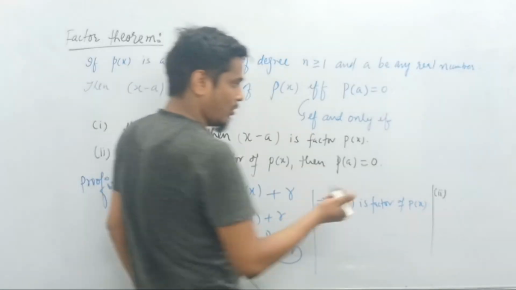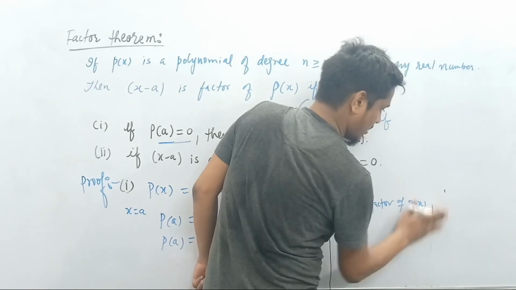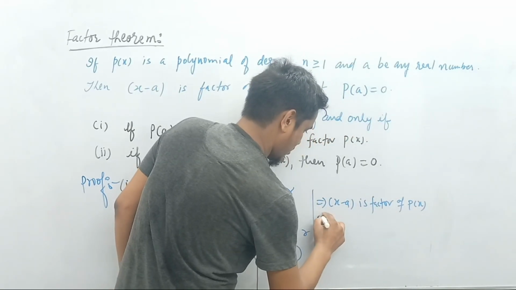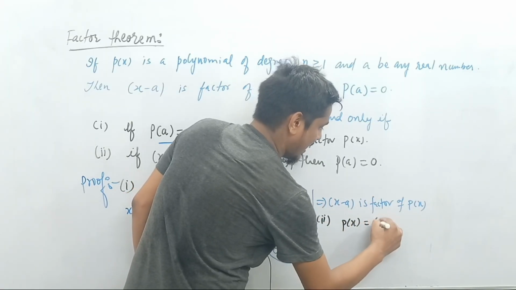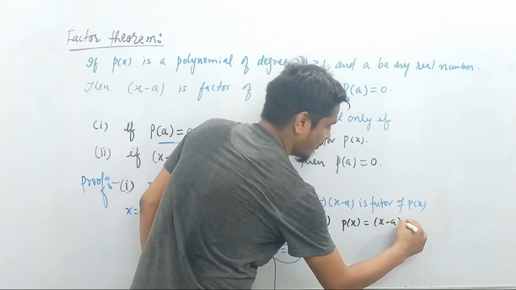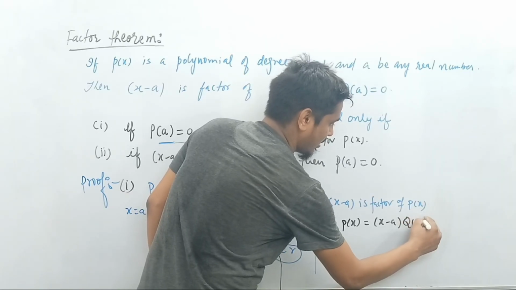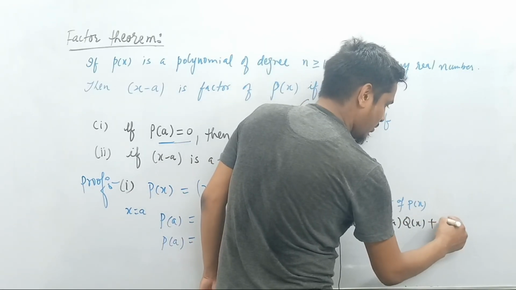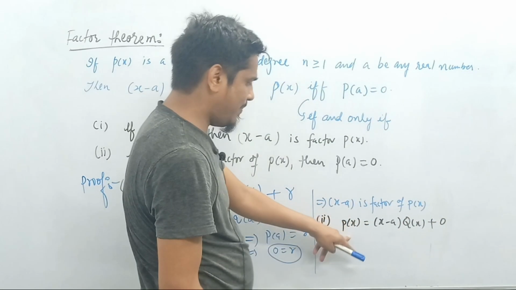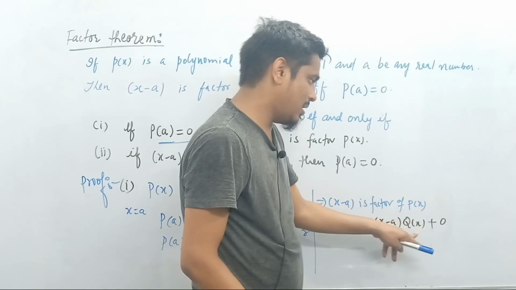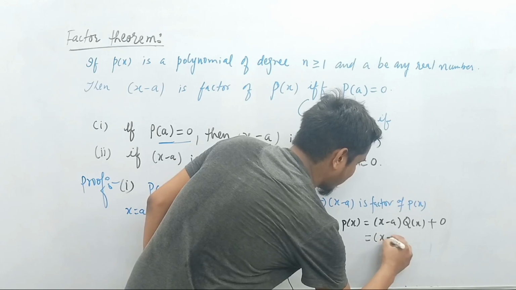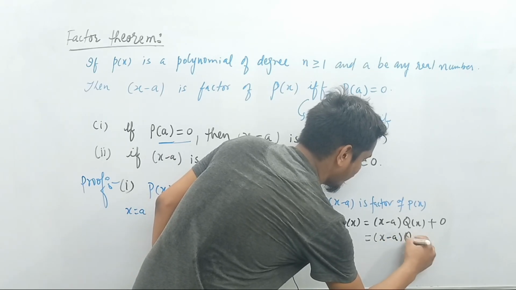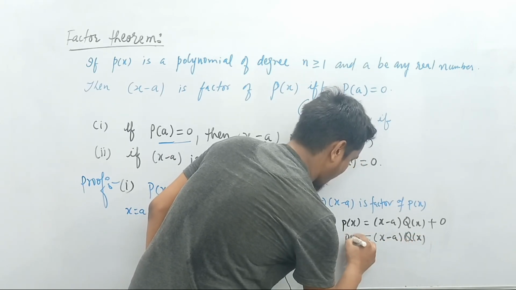So here we get p(x) equal to (x minus a) times some q(x), this is the quotient, and the remainder is 0. So p(x) is equal to (x minus a) times q(x).